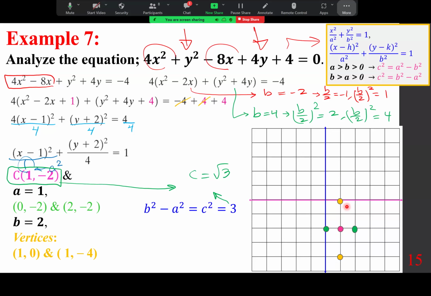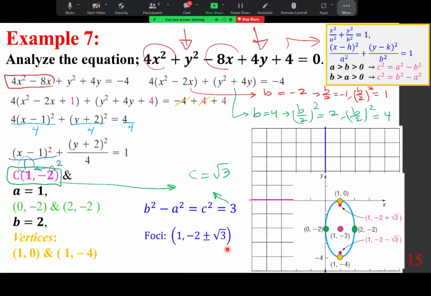We go up by square root of 3, which is about 1.7, and we go down by square root of 3, which is about 1.7. So that means you add and subtract square root of 3 from the y coordinate. See, 1 doesn't change. The y coordinate goes up and down, and it results in the following.